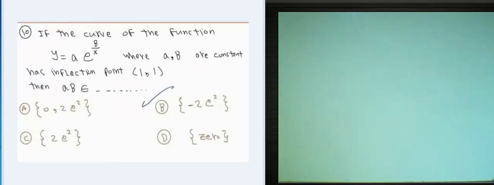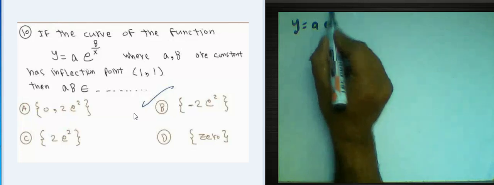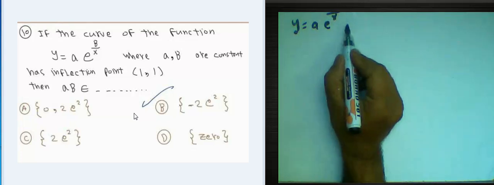Question 10. If the curve of the function y equals a multiplied by e to the power b over x, where a and b are constants, has inflection point (1, 1), then e times b belongs to what? Okay, look at this example, it's very important. He gives us this equation, y equals a multiplied by e to the power b over x.